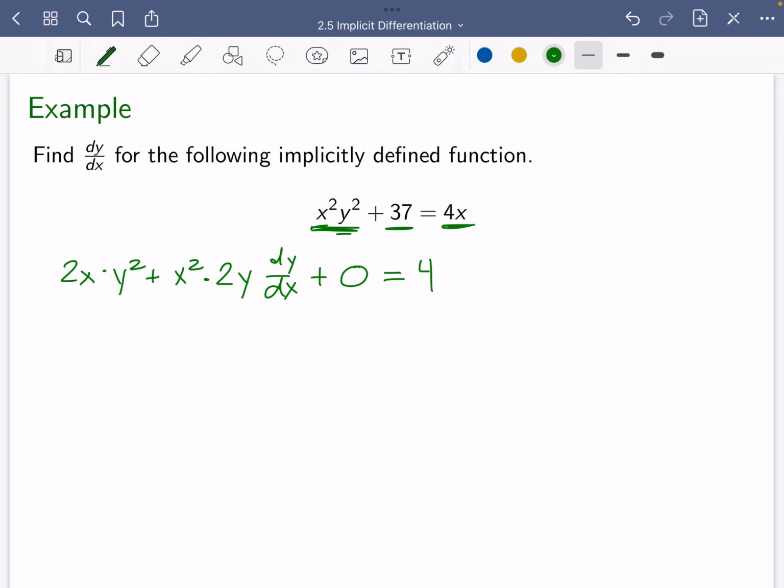Excellent. And so now we need to solve this for dy dx. Let's subtract 2xy squared from both sides. And then we will divide both sides by 2x squared y.